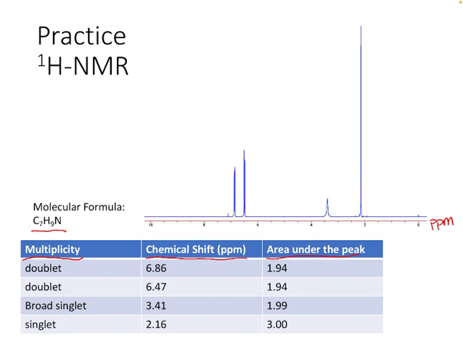So the first thing I'm noticing here is that I have 4 unique signals. If I have 4 unique signals, that tells me I have 4 unique protons. Now, additionally, I'm told that the doublet at 6.86 has an area under the peak of about 2.